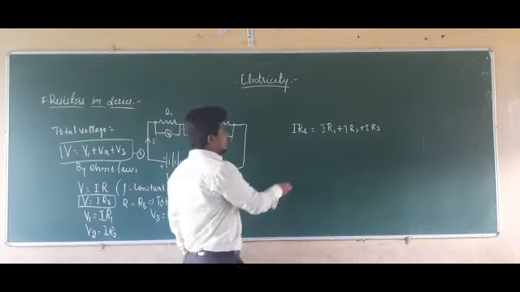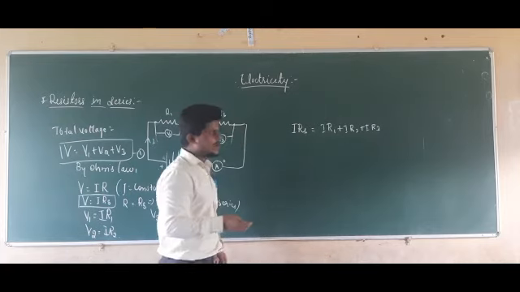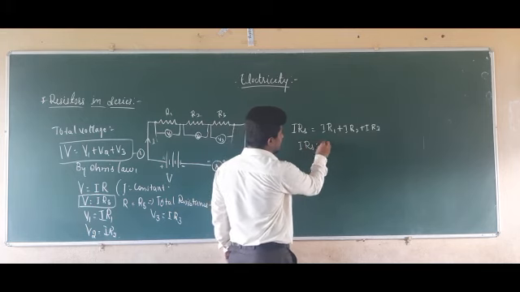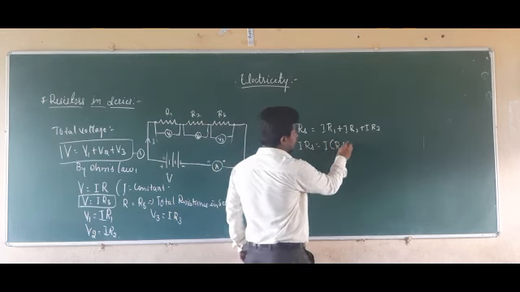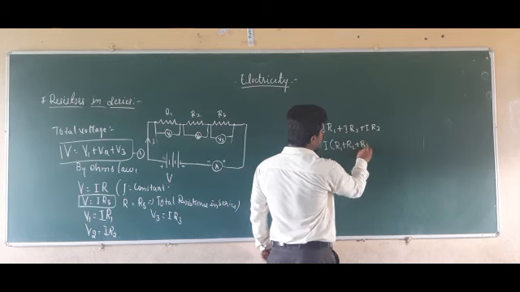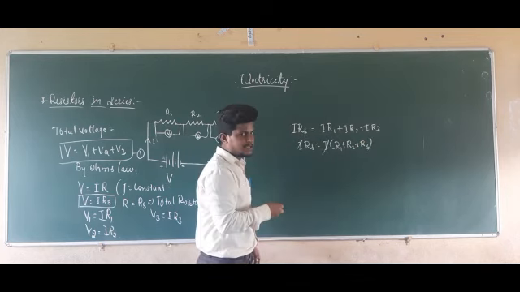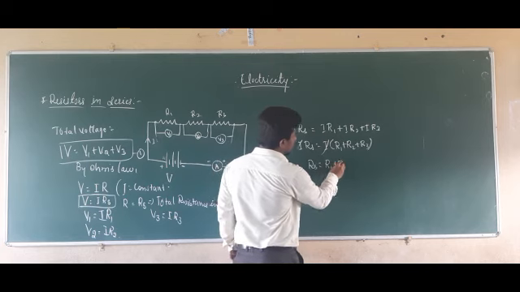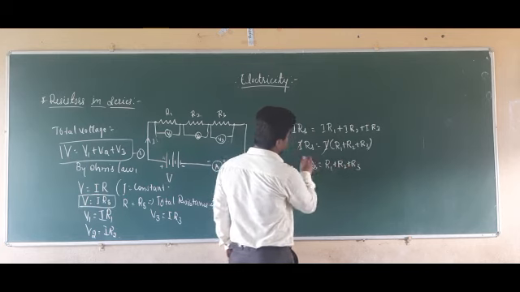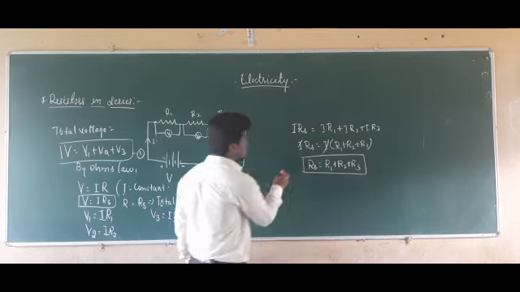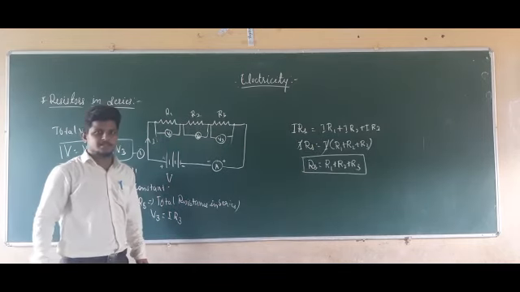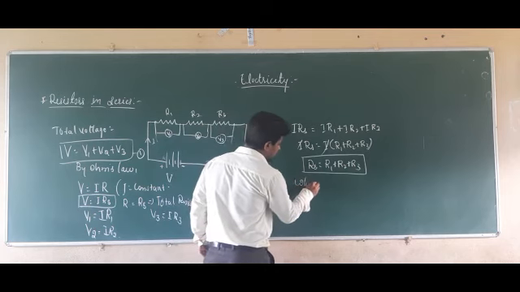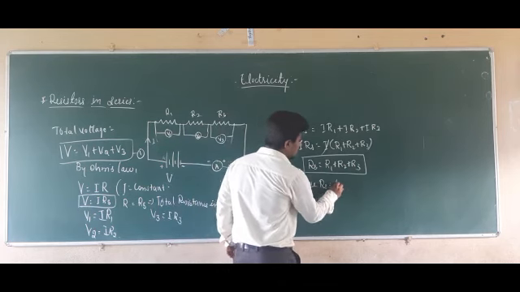If we take I common, I into RS equal to I times the bracket R1 plus R2 plus R3. So I cancels, and RS equals R1 plus R2 plus R3. This is the total resistance in series connection.